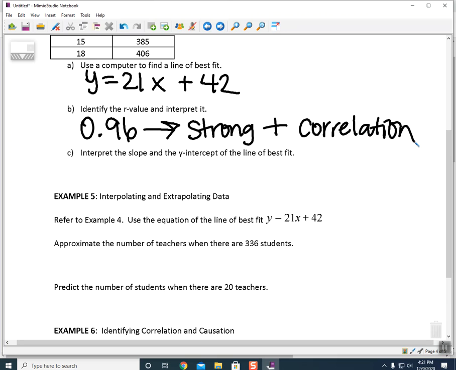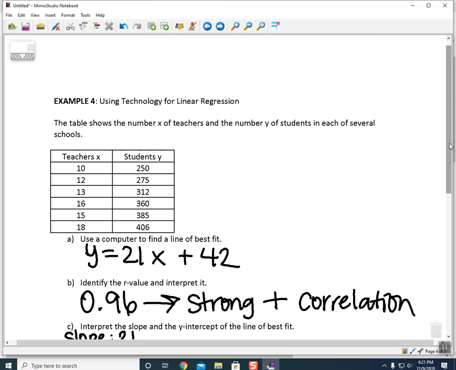Okay, next thing it wants me to do is interpret the slope and the y-intercept of the line of best fit. So my slope, in this case, is 21. And if you remember, slope means our change in y over our change in x. So my y values, if I look up here, are all of my students.